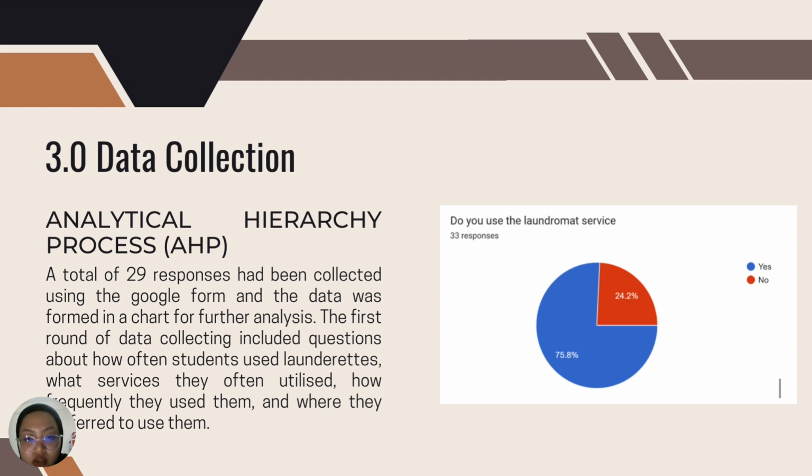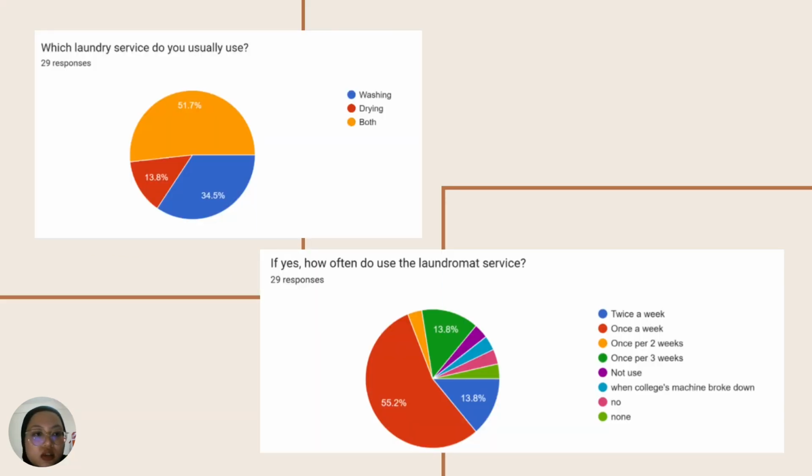So based on the result, 25.8% of students use the laundromat service. And the laundry service that they usually use is both, which is washing and drying service. And how often they use the laundry service is once a week with 55.2%.